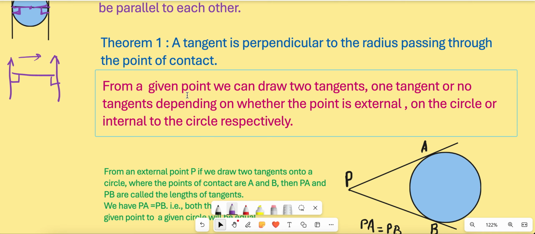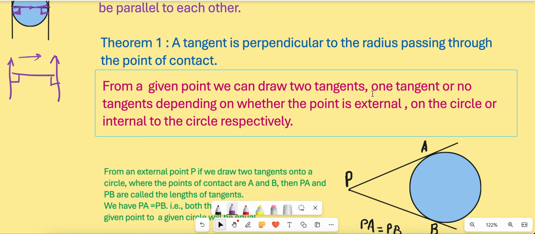That means if the point is external, we can draw two tangents from that point onto a circle. If the point itself is on the circumference, then naturally only one tangent can be drawn at that point. That point itself will become the point of contact.